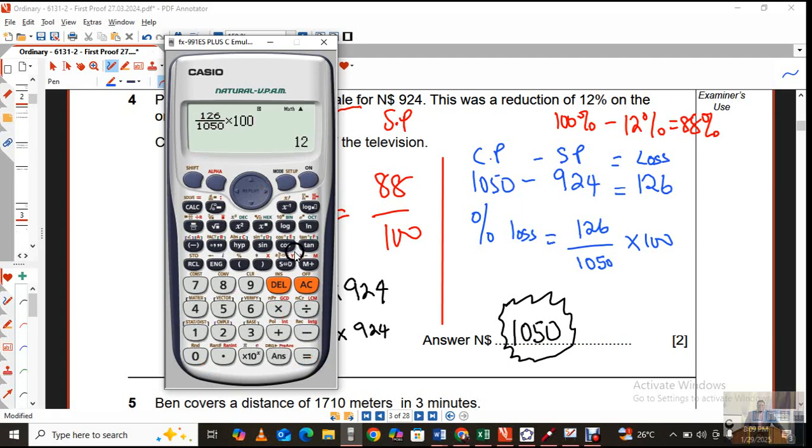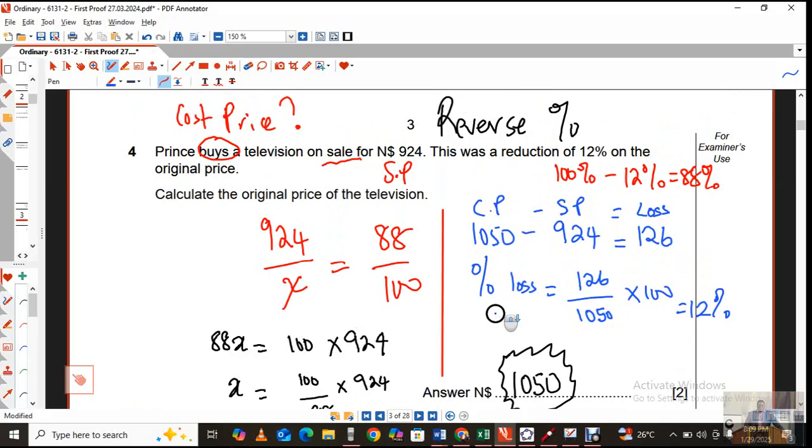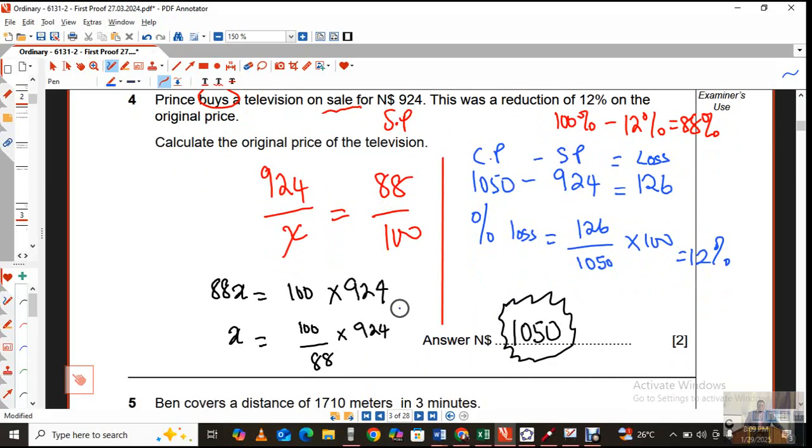Do you realize you get 12%? So this is equal to 12%, but the 12% has been given to you. You've been told. What you were not given was this cost price, and when you're looking for the cost price, the original price, the original amount, you are now dealing with reverse percentage. That means you have to do a little bit of manipulation in there.